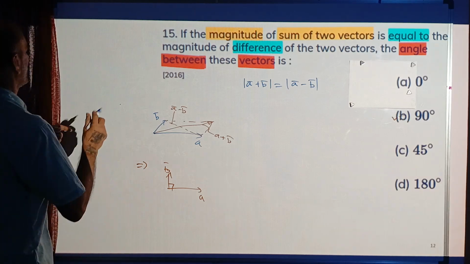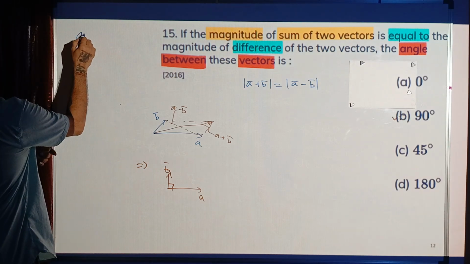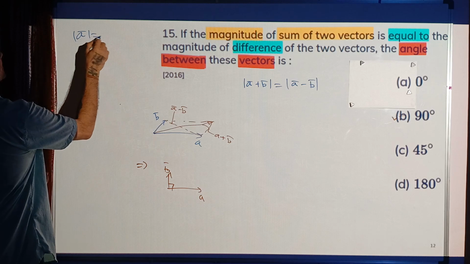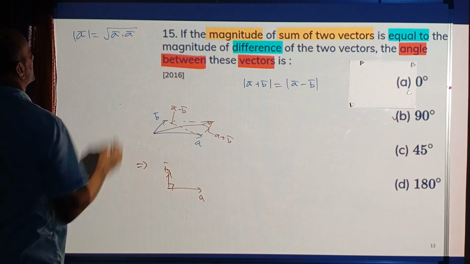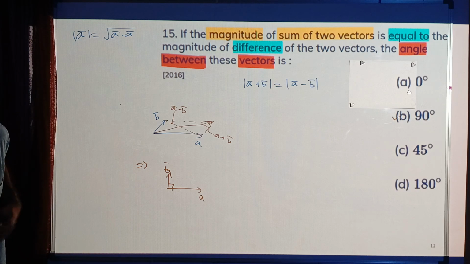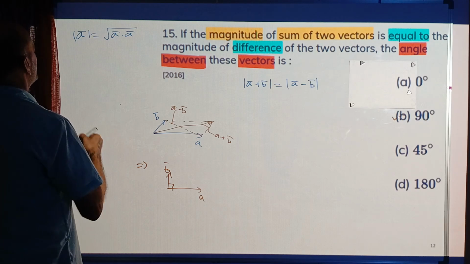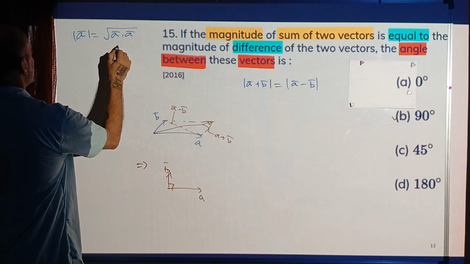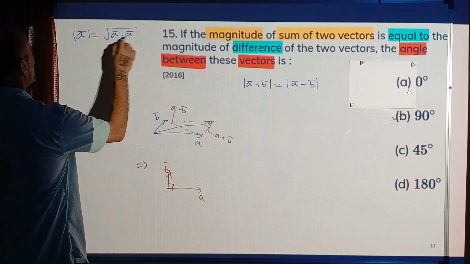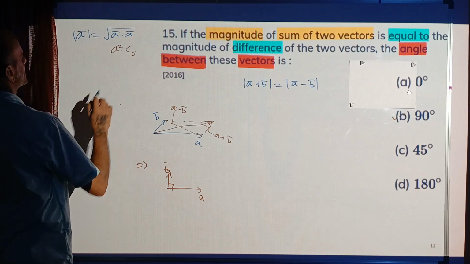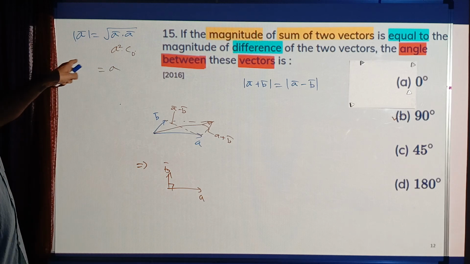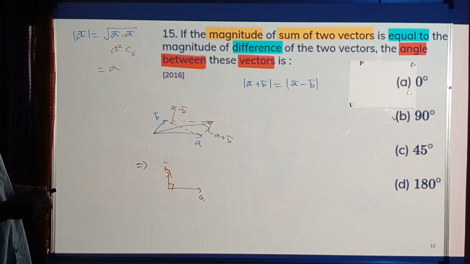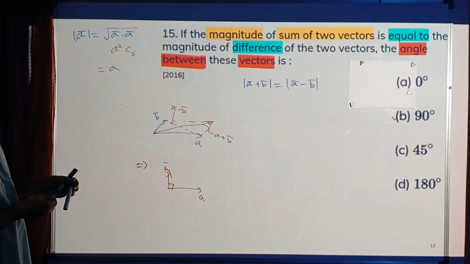I'll use one more basic idea, that the magnitude of a vector can be got as the dot product of the vector with itself, and then take the square root. Because the dot product is A into B into cos theta, here A and B are the same, so it will be A square into cos theta, and the angle is 0 degrees, cos is 1, so this is nothing but A. So to get the magnitude of the vector, I can take the dot product and take the square root.